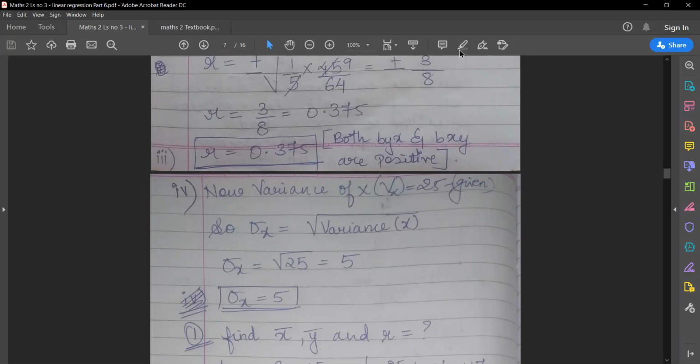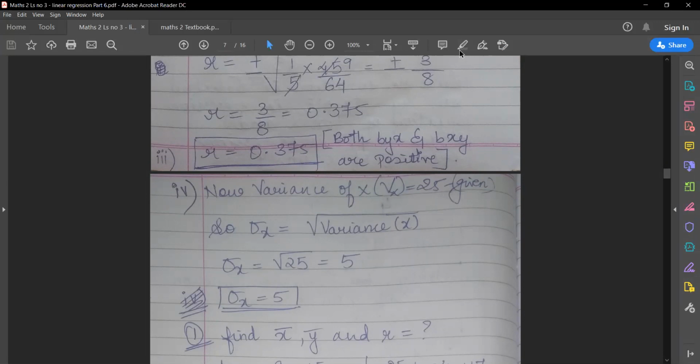So the standard deviation of x is equal to the square root of the variance of x. What is the square root of 25? It will be 5. All right. So you got the answer of sigma x. So sigma x is equal to 5.